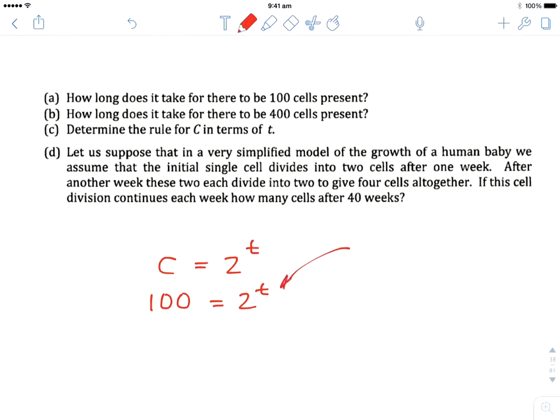This is where I'd get out my calculator in the calculator section, and it would give me a value of t. You won't be expected to solve things like that using other techniques. You could go on and do part B. How long does it take to be 400 cells present? I would just change this to 400. And we've done C, the rule in terms of t.